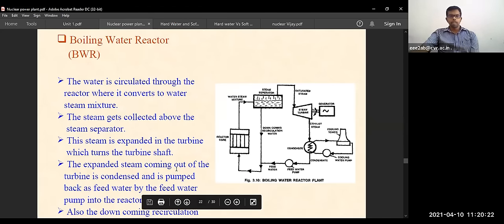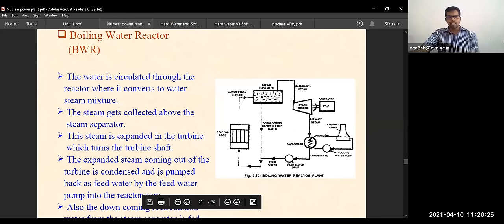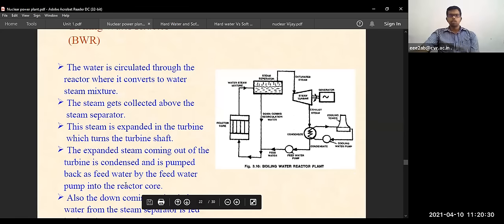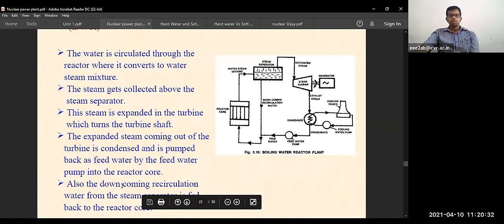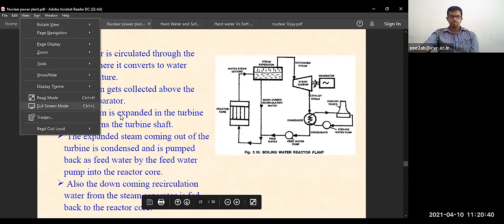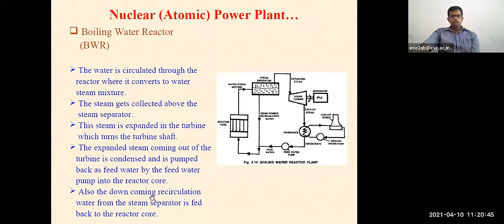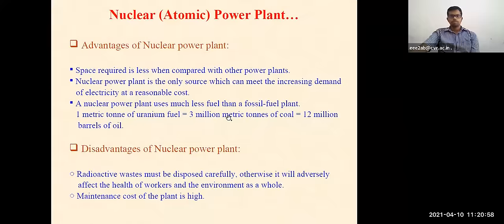The expanded steam coming out of the turbine is condensed and pumped back as feed water by the feed water pump into the reactor core. Also, the downcoming recirculation water from the steam separator is fed back to the reactor core. So automatically the same water is recirculated to the reactor core.